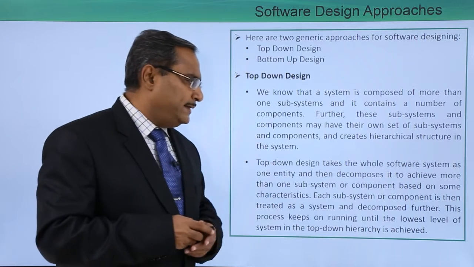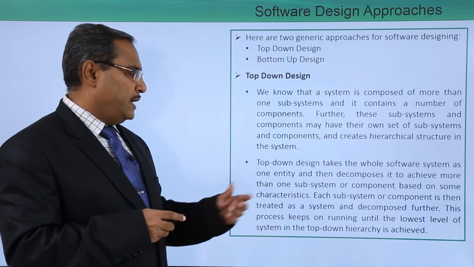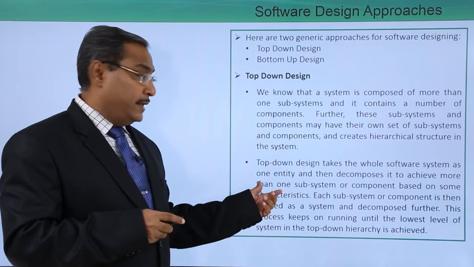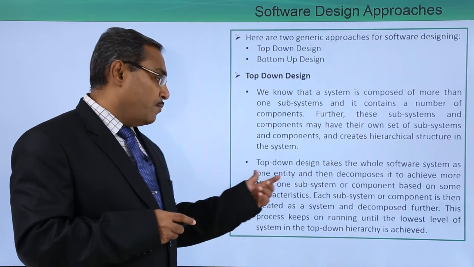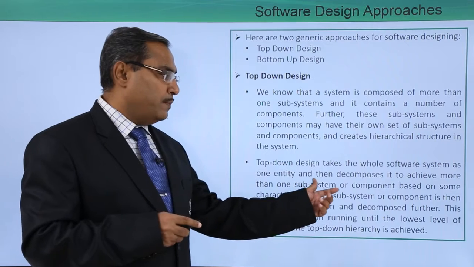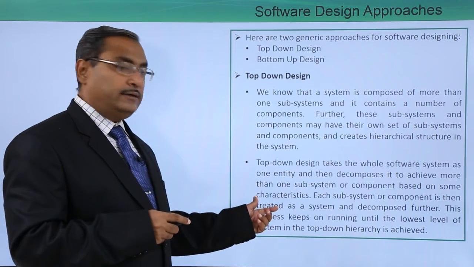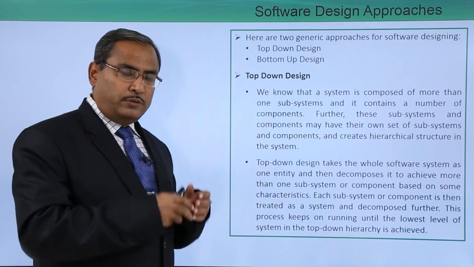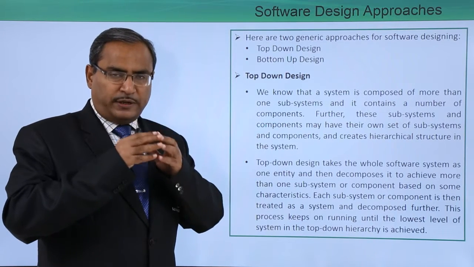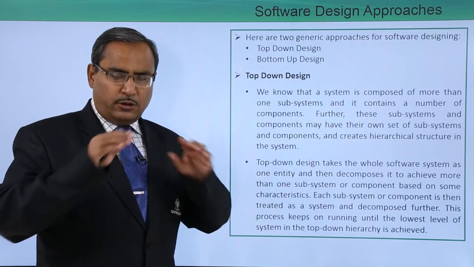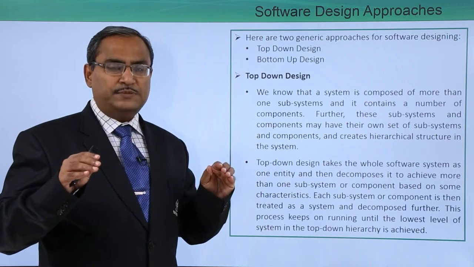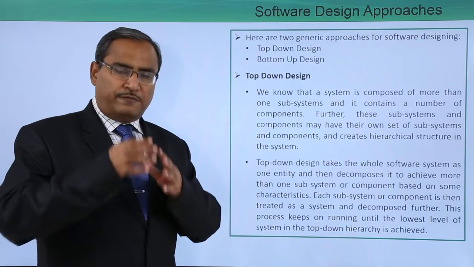Top-down design takes the whole software system as one entity and then decomposes it to achieve more than one subsystem or component based on some characteristics. In top-down design, we consider the software itself as the root of the hierarchical structure, and then it gets divided into certain subsystems, which then go for further divisions.